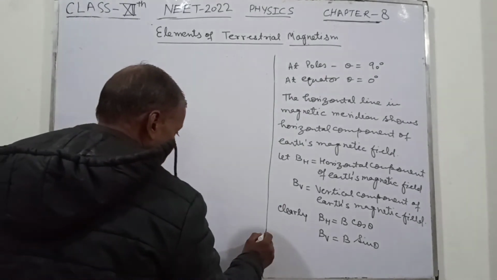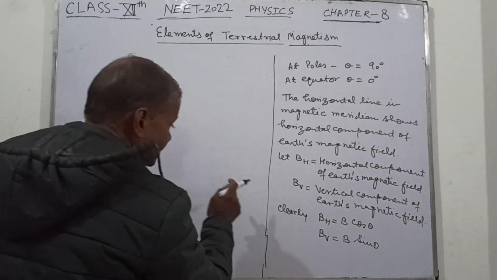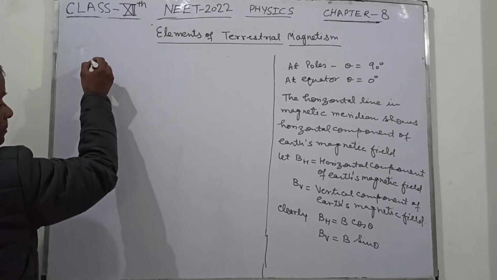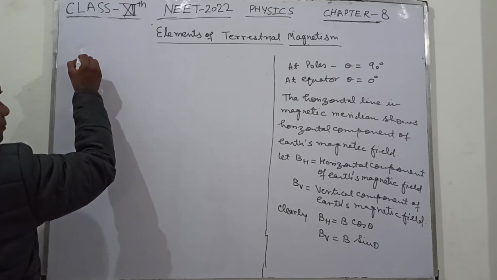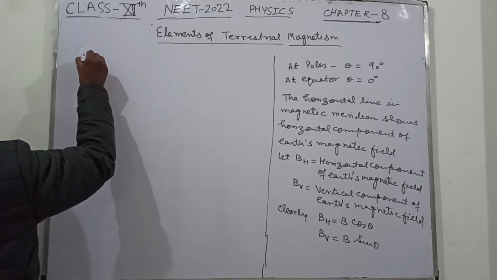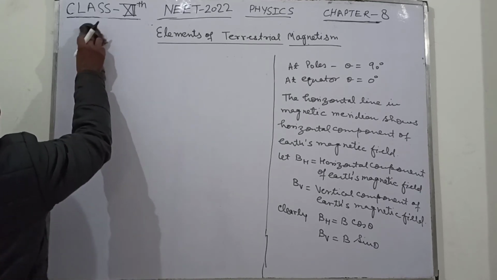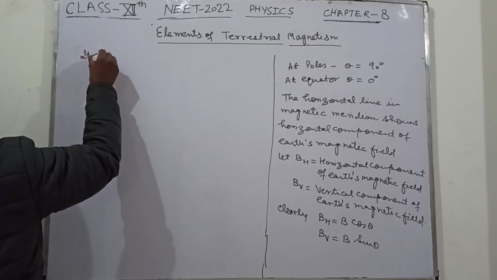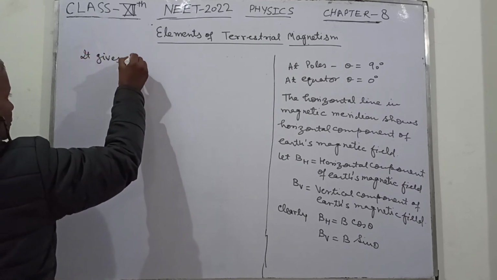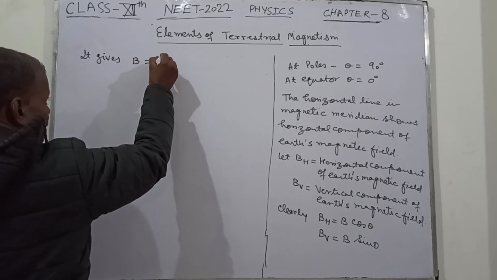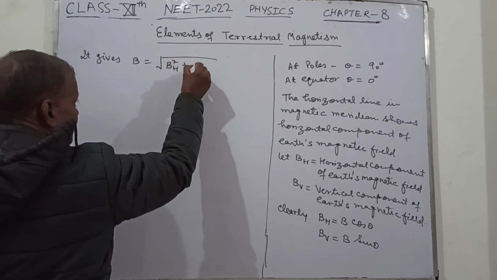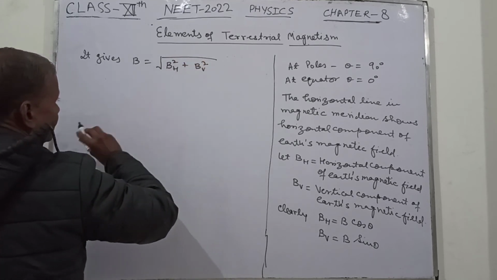So you see that if we divide by these two, now it gives B equal to square root of BH square plus BV square.